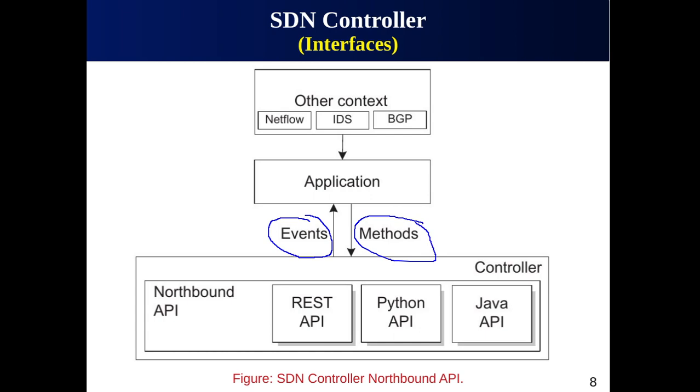These methods are used to affect the operation of the network based on the event that was received. These methods could be invoked in response to a received event, and may result in a received packet being dropped, modified, or forwarded, or the addition, deletion or modification of a flow, etc. So you can see the application is instructing the controller, and then the controller takes the necessary actions.